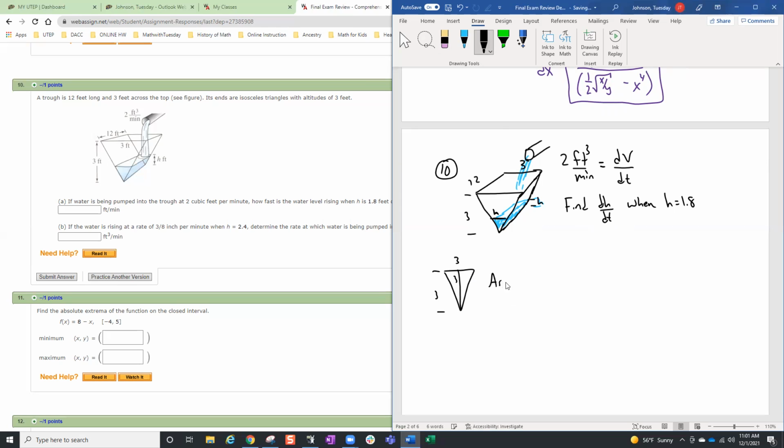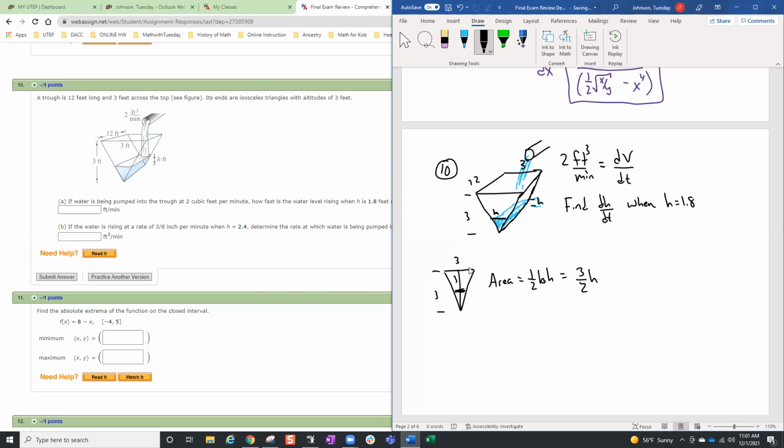My area is 1/2 base times height. Now our height is adjustable. Our height varies. Our height is actually 3/2 H, right? Because the base is 3 and the height varies because we're adding water. That base is always going to be 3 of the whole.